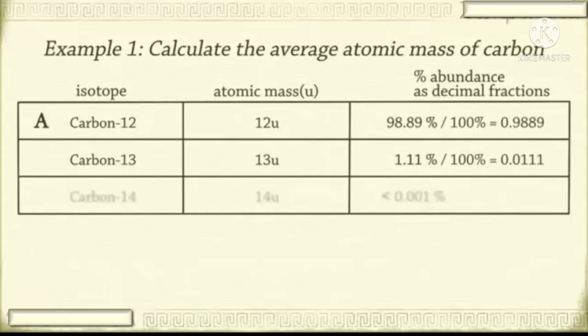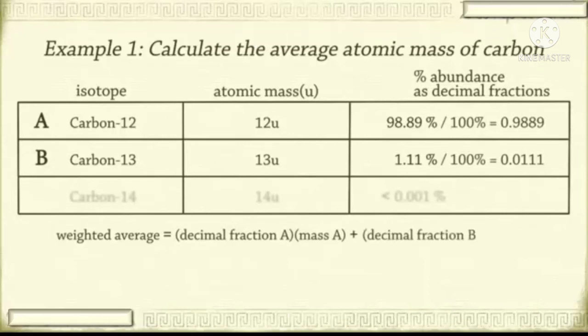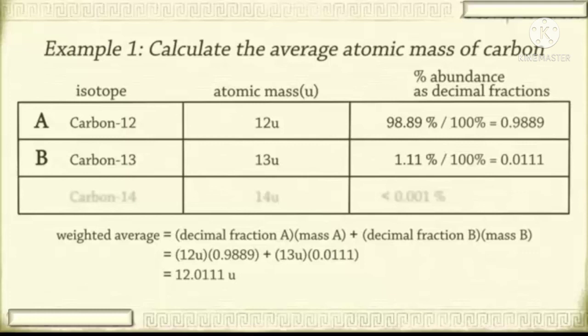Let's call them A and B. A weighted average will be decimal fraction A times mass A plus decimal fraction B times mass B. That's 12 times 0.9889 plus 13 times 0.0111, which equals 12.0111, or about 12.01 unified atomic mass units.